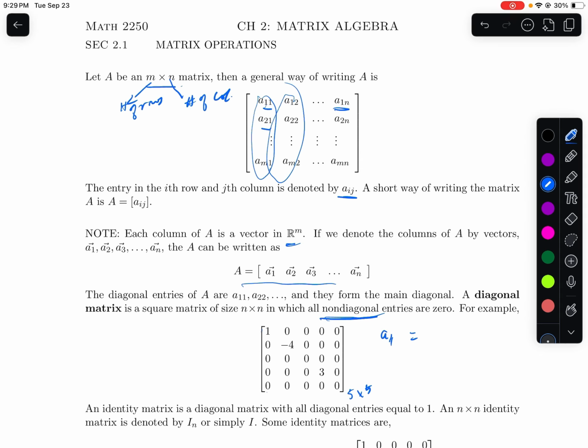So for example, here we have a diagonal matrix. Why is it diagonal? Because the diagonal has entries.